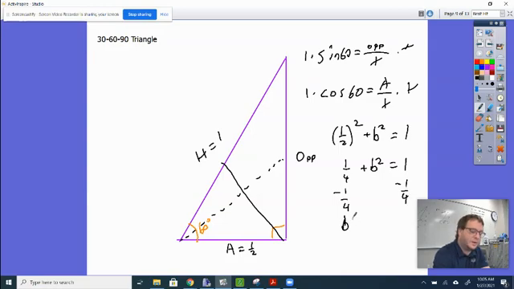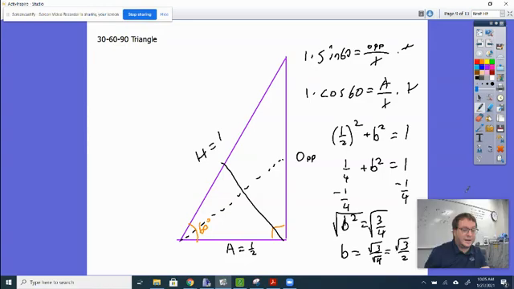So b squared is equal to 3/4, right? Take 1/4 of a pizza away from a whole pizza, you still have 3/4 of your pizza. Square root, square root. So we're going to get b is equal to the square root of 3 over the square root of 4. I know what you're thinking, you need to rationalize, but we don't, because what is the square root of 4? It's 2.